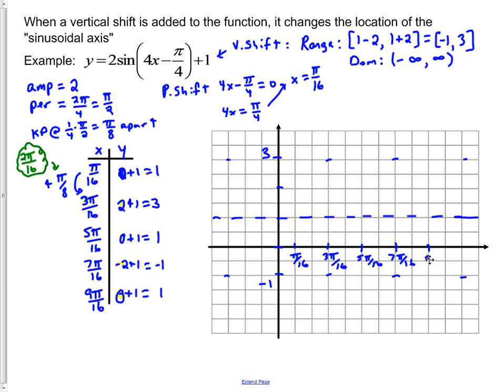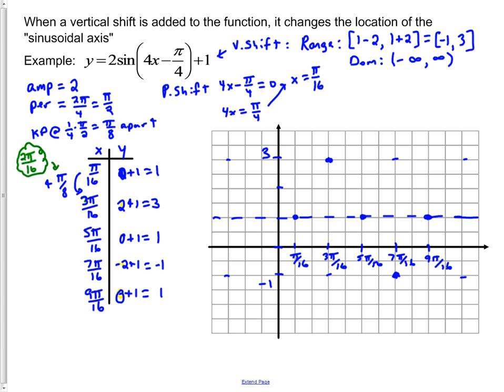And the last at 9 pi/16 within one full cycle of the graph. Since it's a sine function, it started at the center axis, so pi/16, 1. 3 pi/16 goes up to its upper amplitude value, which is 3. 5 pi/16 comes down to the center axis. 7 pi/16 goes down to -1. 9 pi/16 back to that center axis.